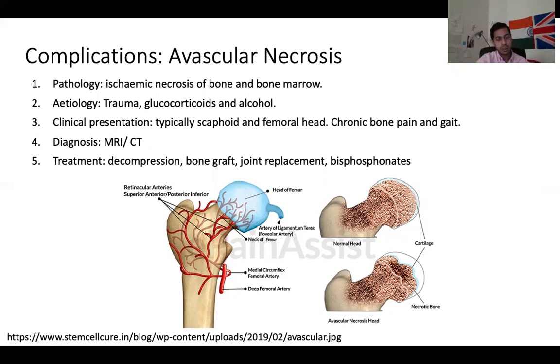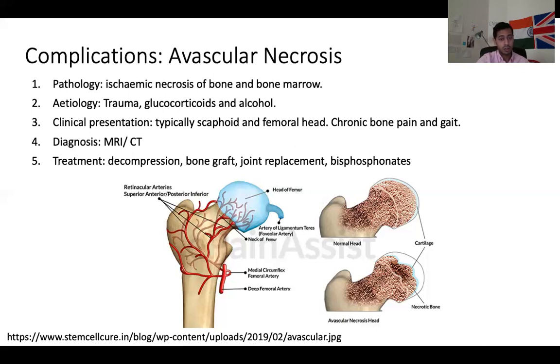Etiology is usually caused by trauma, in the form of fractures, and it can technically present in any part of any bone, but more commonly it's present in the scaphoid and the femoral head, but it can present in the talus, for example, and also the proximal radius.